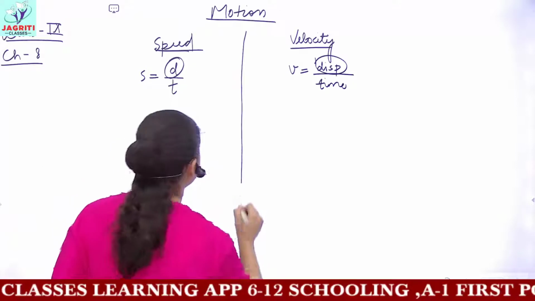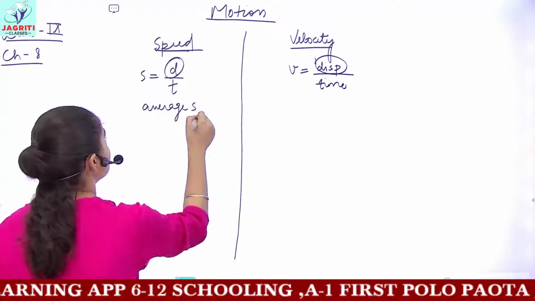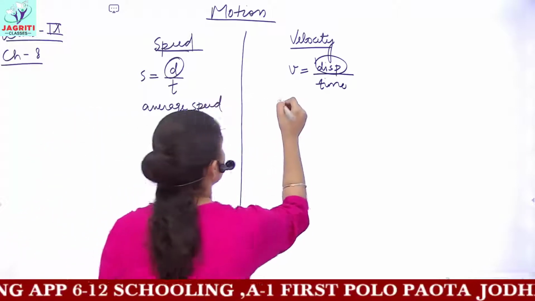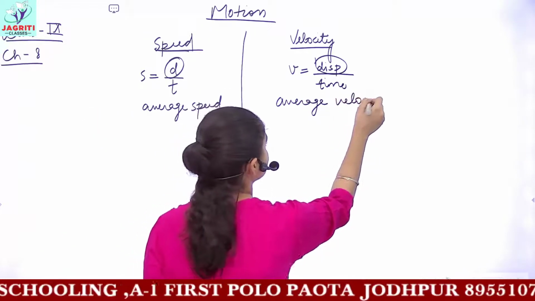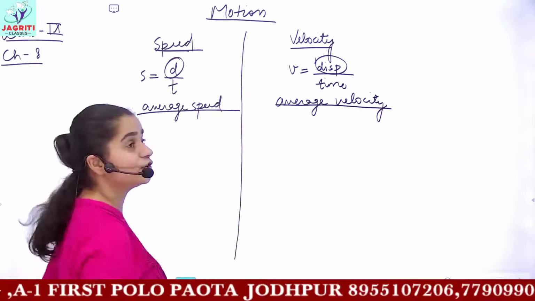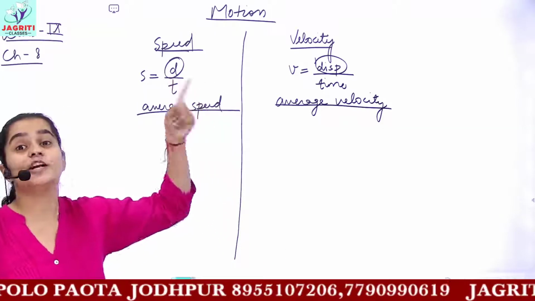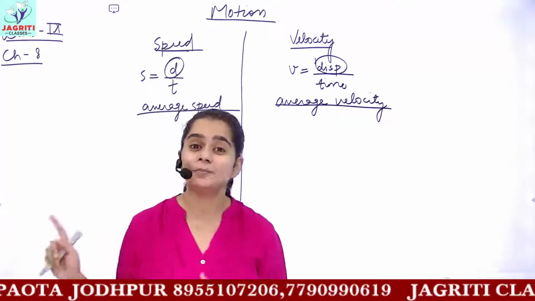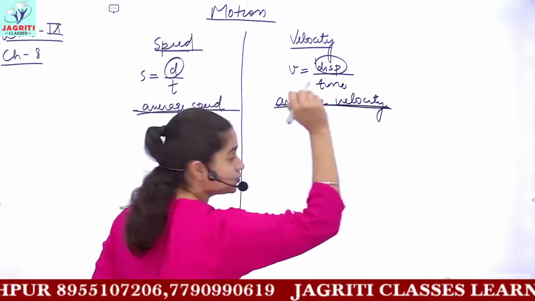Now you have two more terms, that is average speed and average velocity. Till here, that is the introduction of speed and velocity and the related numericals for distance and displacement we did in our previous class. Now we are starting the topic average speed and average velocity.